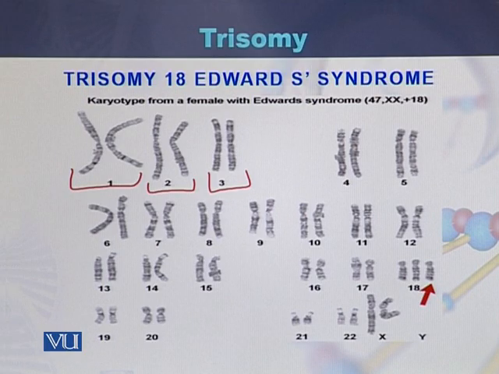But in case of chromosome 18, we can see that there are 3 chromosomes. So because there are 3 chromosomes of chromosome 18, we will call it trisomy of chromosome 18 or trisomy 18. The disease which is caused due to trisomy 18 is called Edwards syndrome.